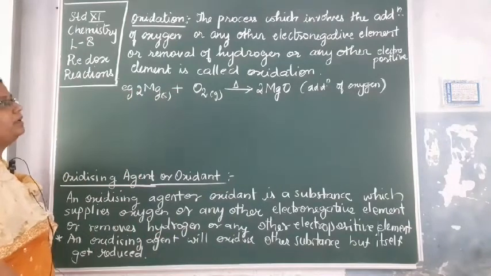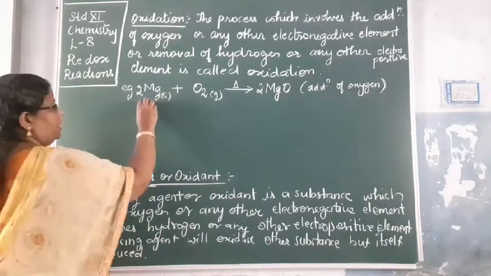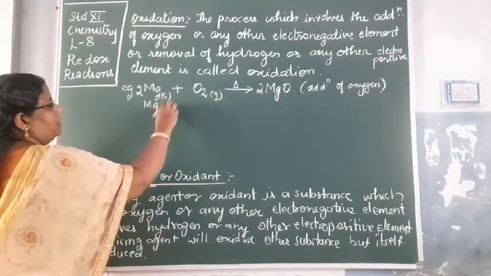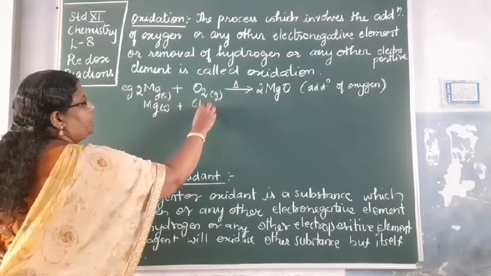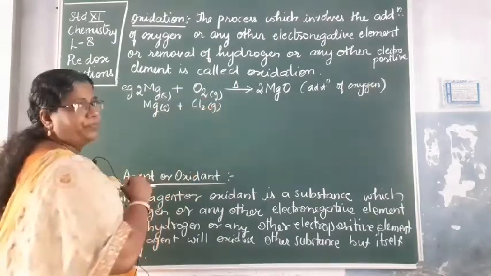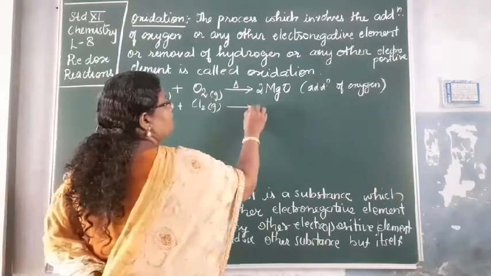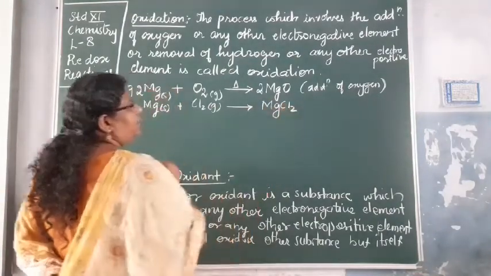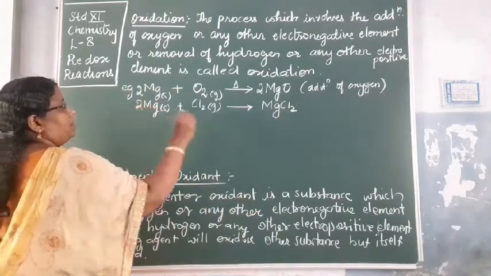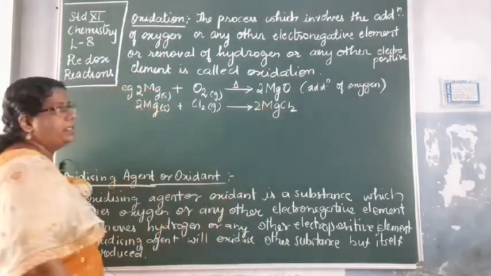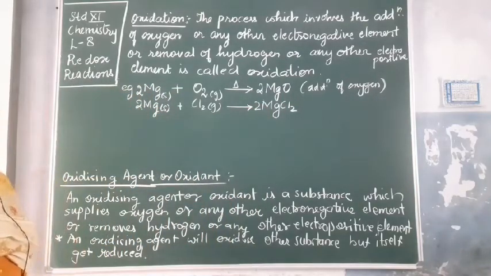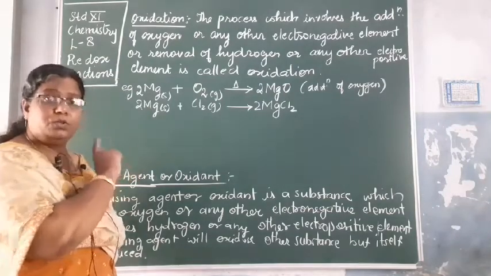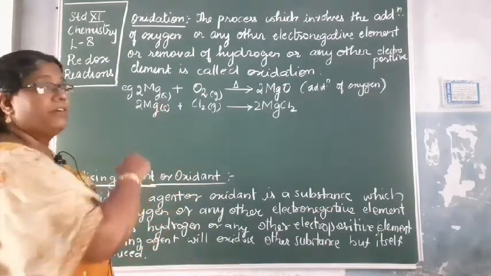ठीक है? Another reaction, see, Mg you are treating with Cl2. Then what is the product you are obtaining? You are obtaining MgCl2. Again balance it, you will get it as 2MgCl2. Now here have you added oxygen? No. But what have you added? You have added Cl.